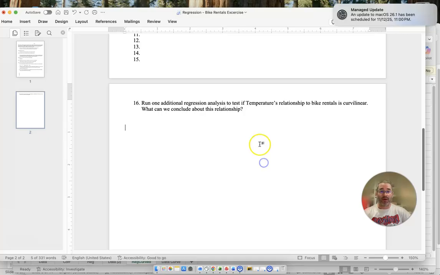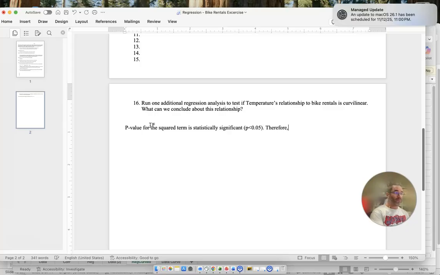you know, our answer here could be something like: p-value for the squared term, oops, that needs an S, squared term is statistically significant, p less than 0.05, therefore, let's say, significant curvilinear relationship exists between temperature and bike rentals.